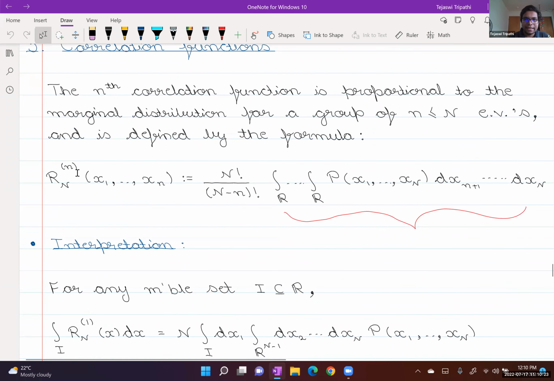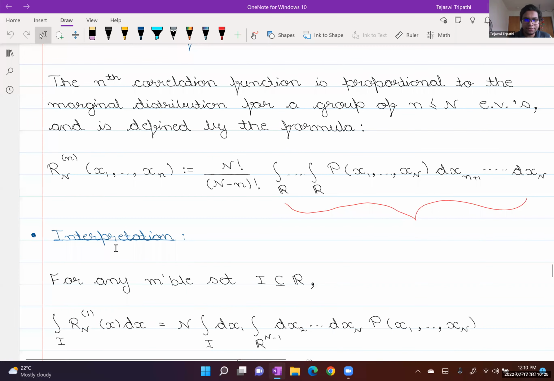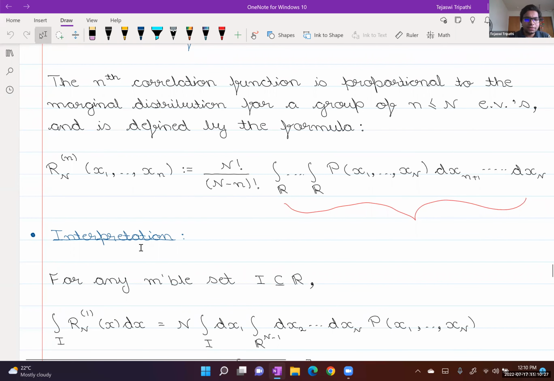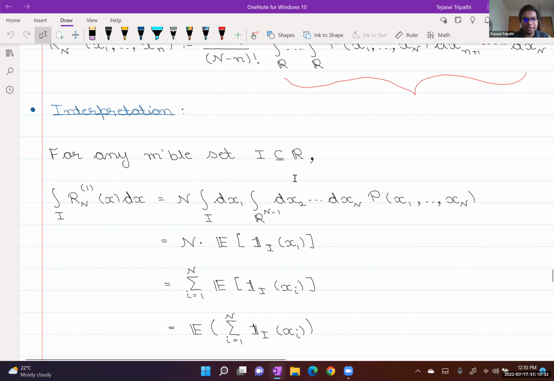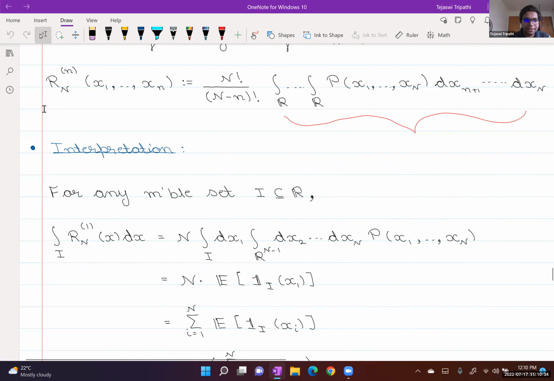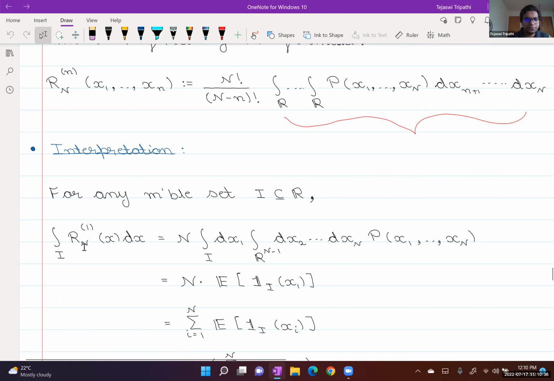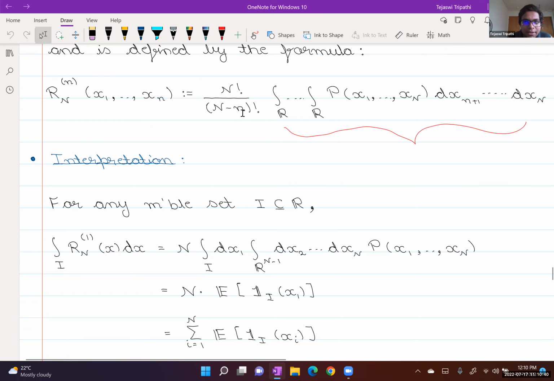So first I'll take n equal to 1, and then I will do it for general n. So let's take any measurable set I in R, and we will integrate this function. When I take small n equal to 1, this will become n, and that's what it is. And then I'm integrating over I with dx1.